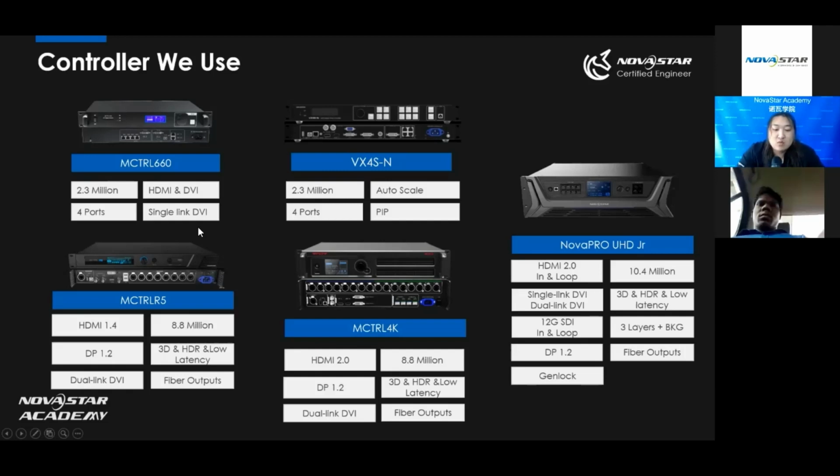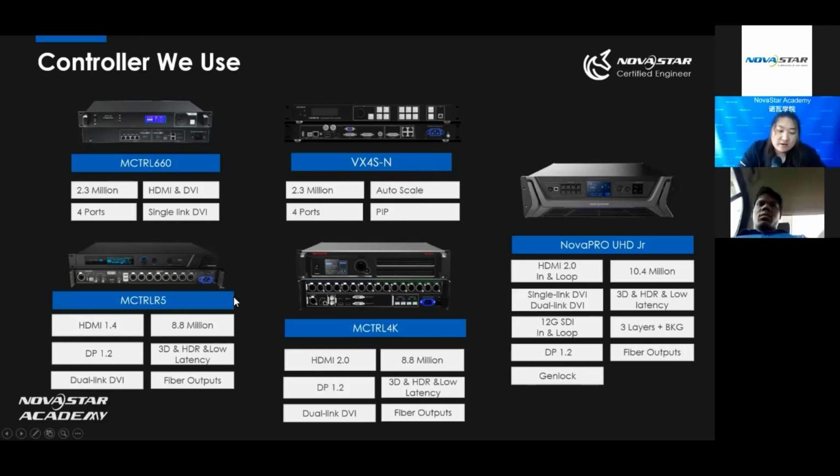And the next one, the VX4S-N. Still the same loading capacity of 2.3 million pixels, and this is an all-in-one controller, so it has the auto scale feature, and still 4 ports. What's more, it has the PIP feature, so you could open 2 windows on that.